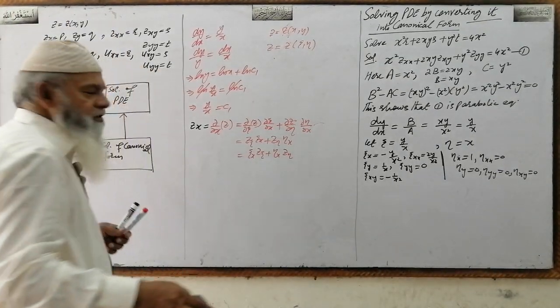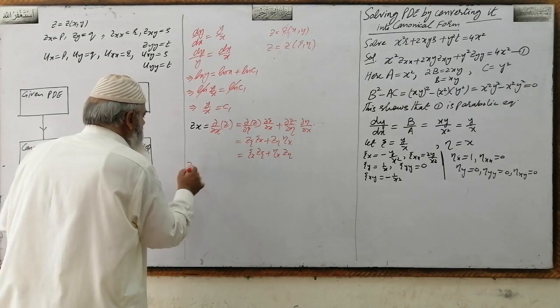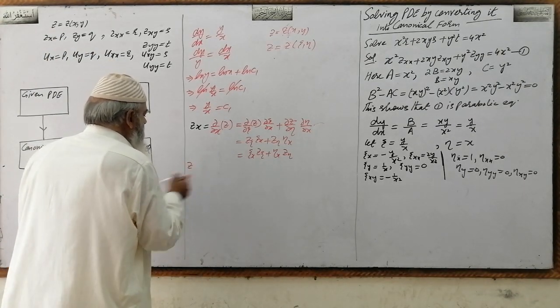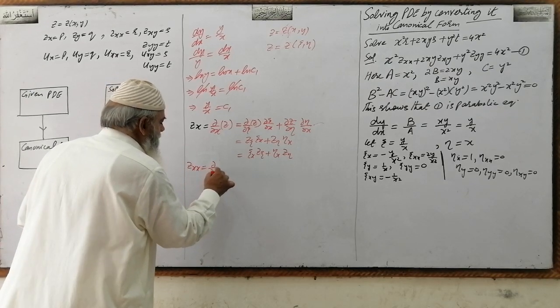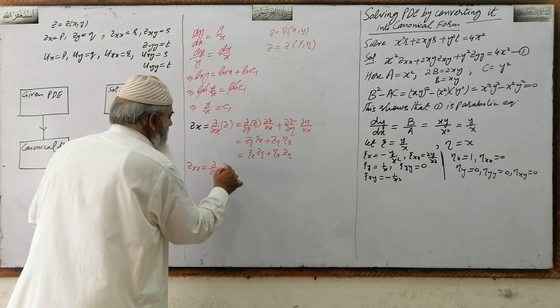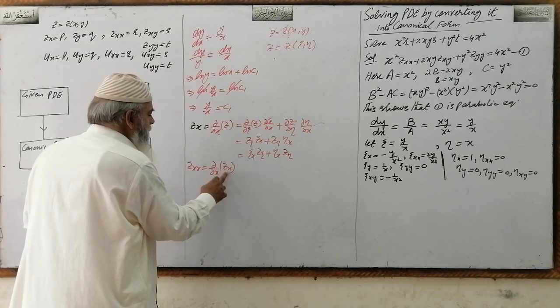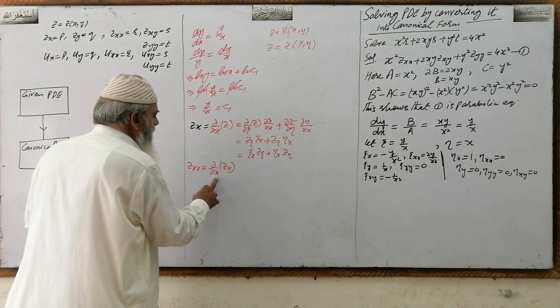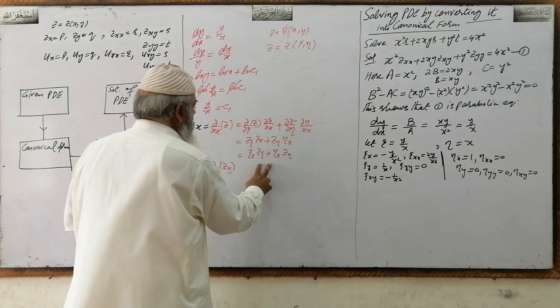Before taking its partial derivative with respect to y, look what will happen if we take its partial derivative with respect to x. Means we are going to take the partial derivative of zx with respect to x, z double x. Once again, this zx is a function of xi and eta.